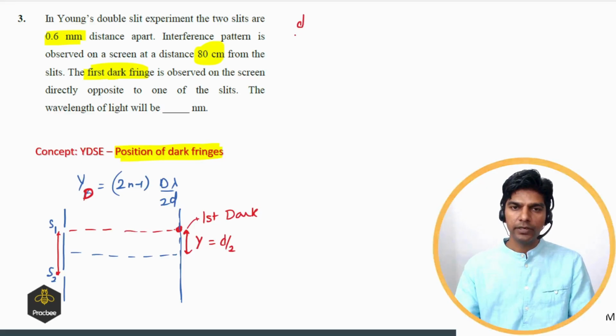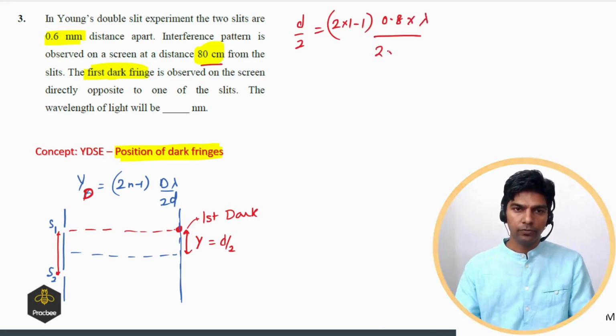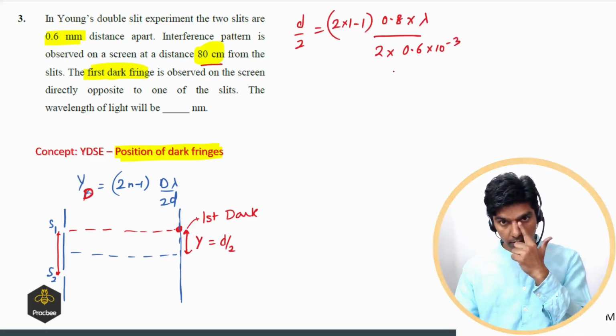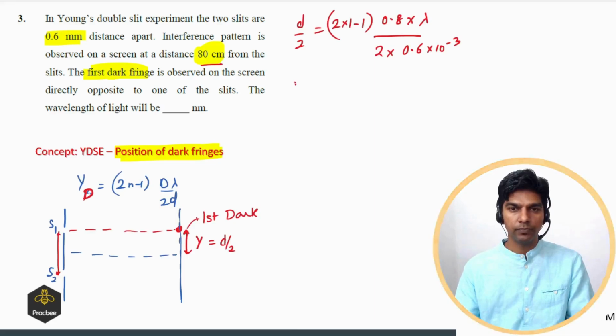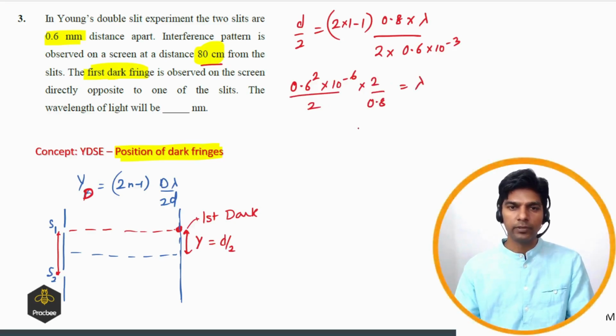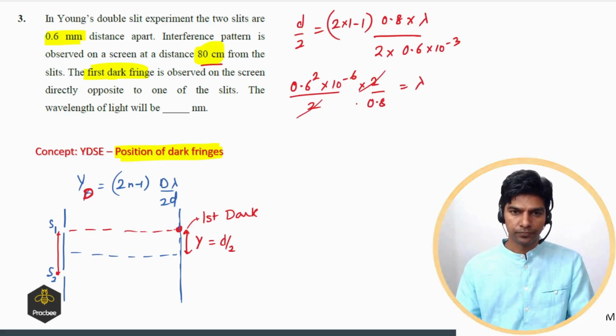So we can say d by 2 is equal to (2 times 1 minus 1) times D, which is 0.8, times lambda, which we have to calculate, divided by 2 times small d, which is 0.6 into 10 raised to power minus 3 meters. Now from this, d is also given, so it will be 0.6 squared into 10 raised to power minus 6, divided by 2, multiplied with 2, divided by 0.8, so that will be lambda. So 2 will get cancelled out.